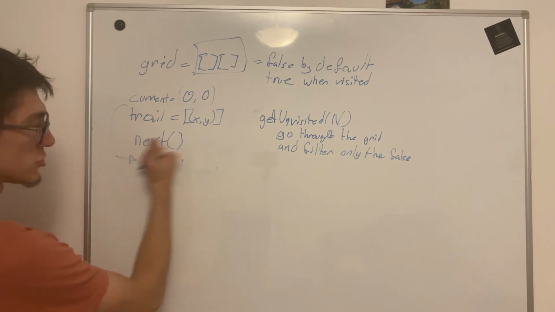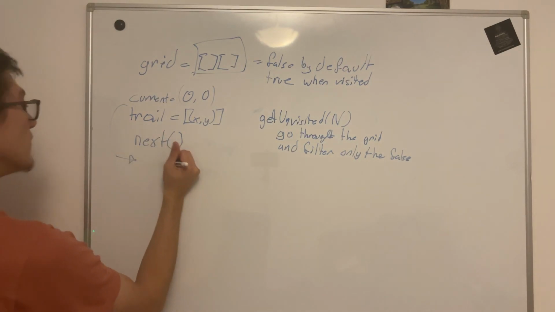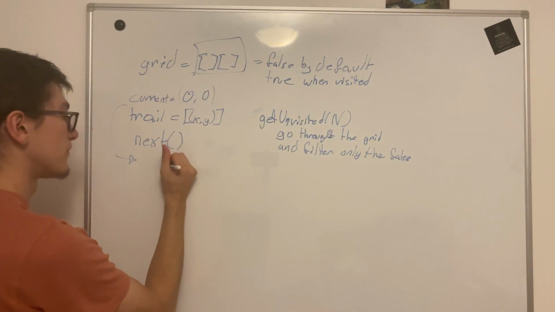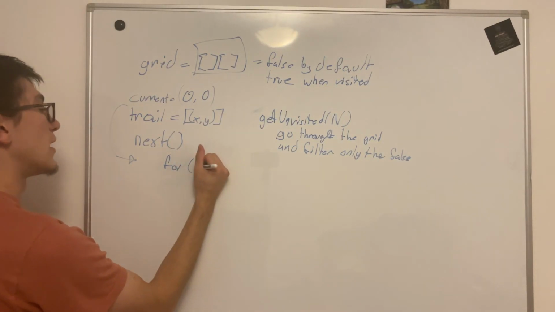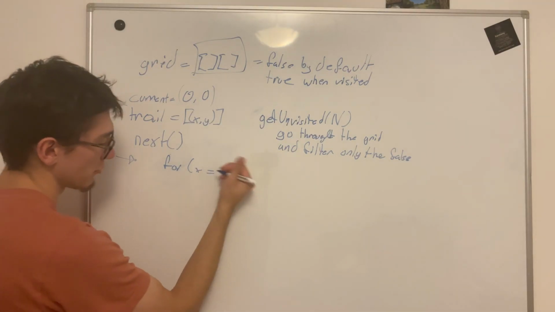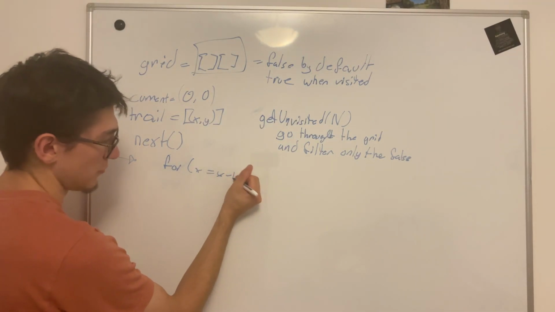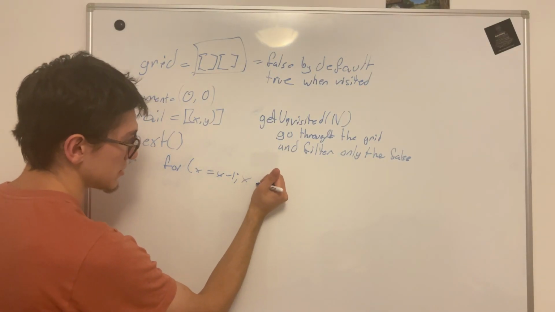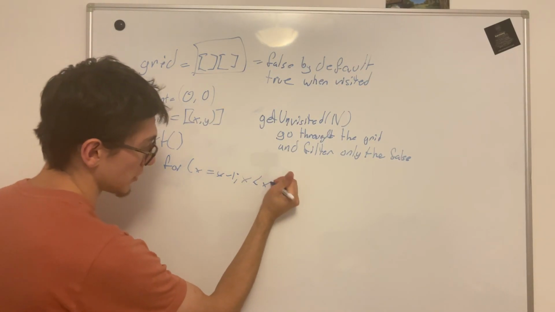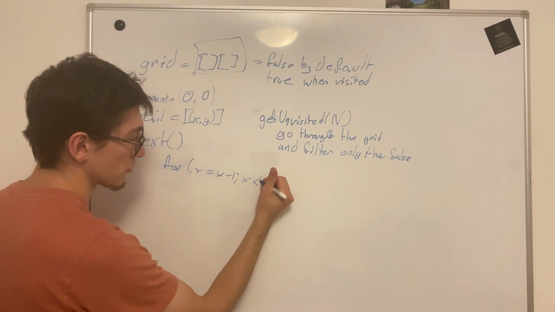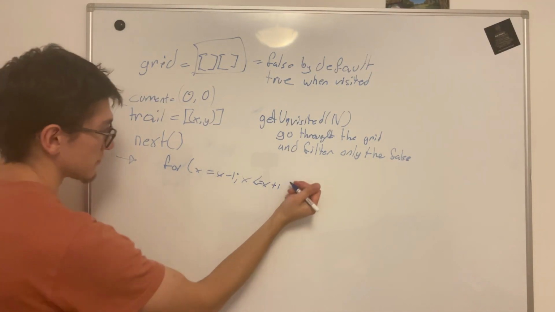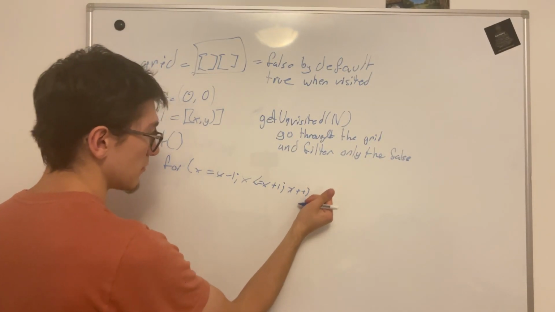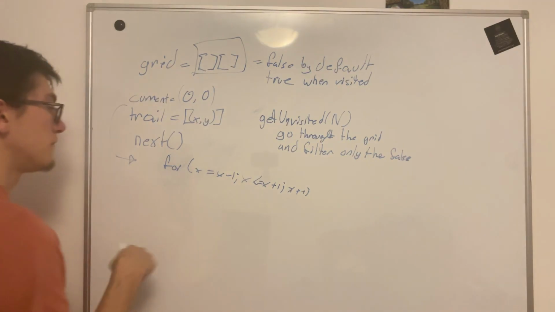Or we could just do a for loop: for x equals current x minus 1, x smaller or equal to the current x plus 1, x plus plus. And do the same for the y.